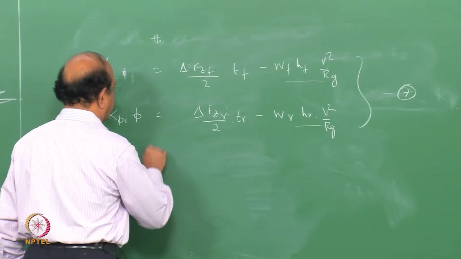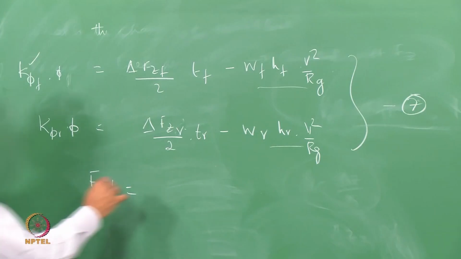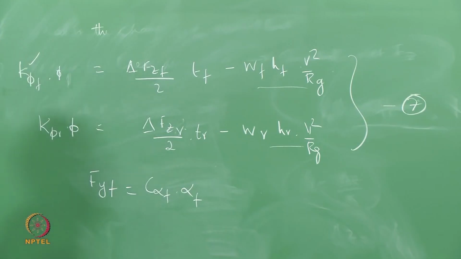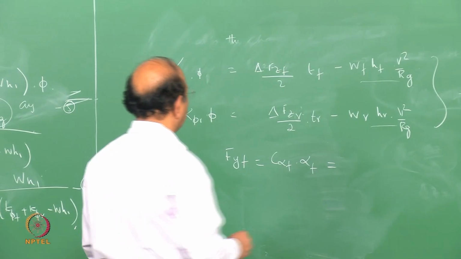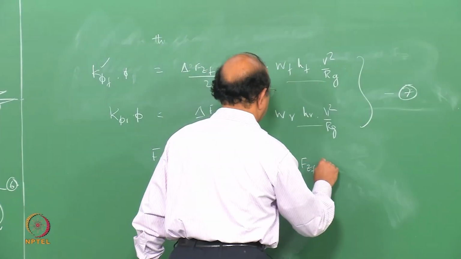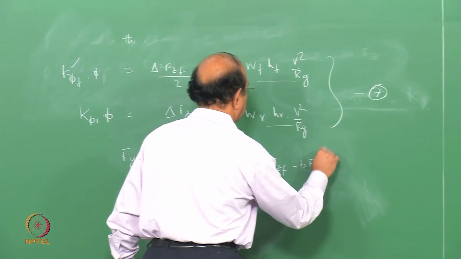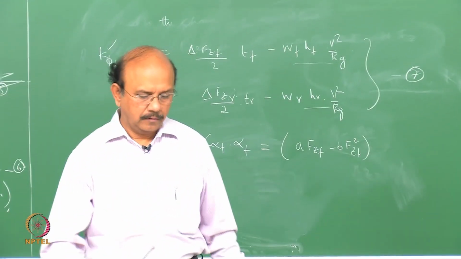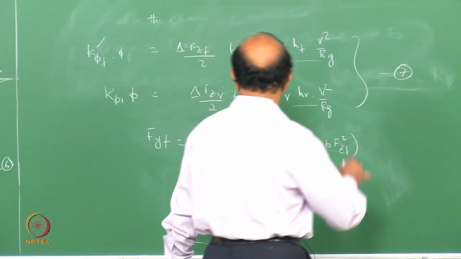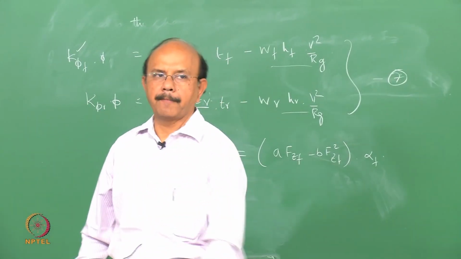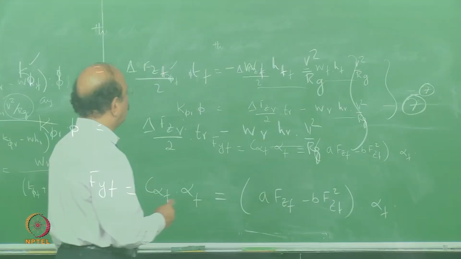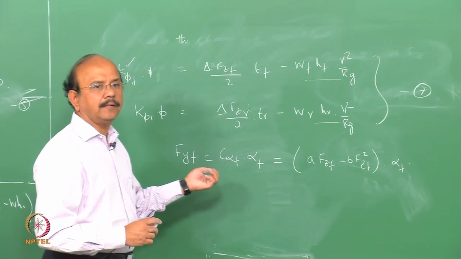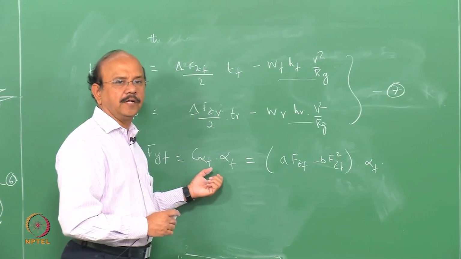Now remember that we had this expression in the front as C alpha F into alpha F, and at the rear as C alpha R into alpha R. Let us assume that C alpha F has a quadratic expression, which I would write as A F z F minus B F z squared, into alpha F. Note that C alpha F is written for a single tire.